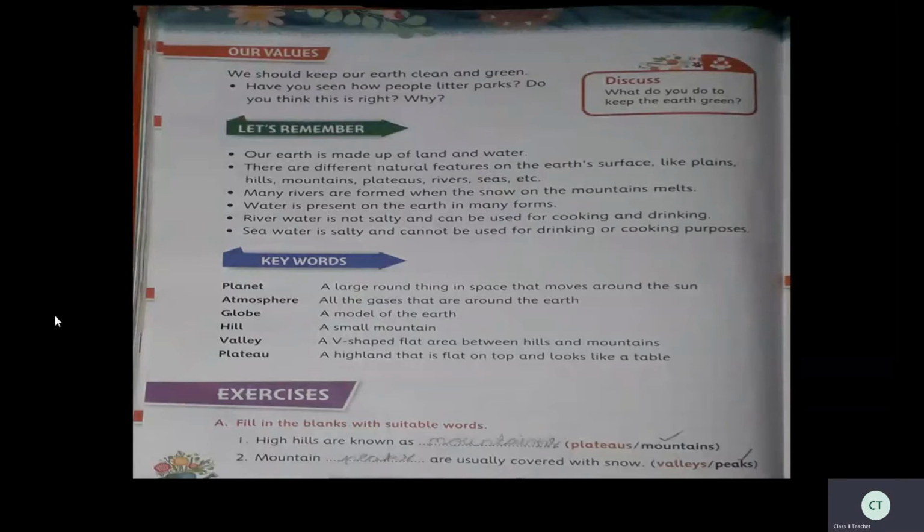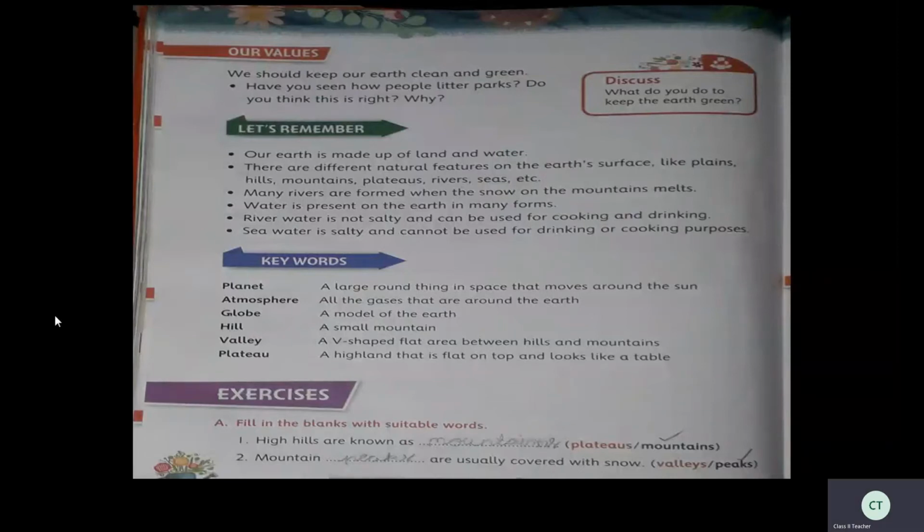Water is present on the earth in many forms, like rivers, oceans, seas, lakes, tanks or wells. In different forms we can see water on the earth.